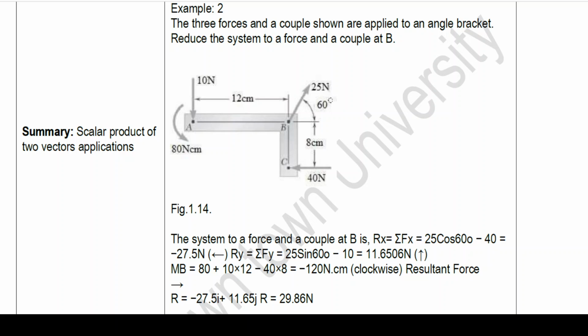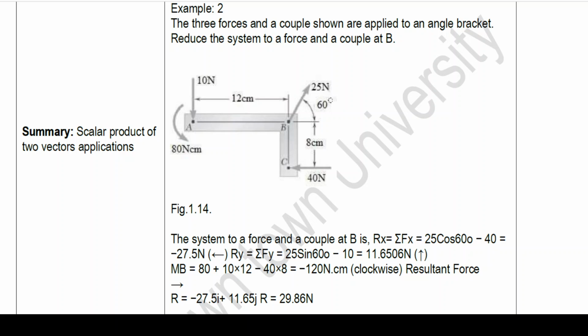Now at point B, if you see, it is inclined at an angle 60 degree. The force is 25 Newton and is inclined at an angle 60 degree with the horizontal. Okay, and at point C, if you can see, it is again in horizontal direction, that is it is in the x-axis. Also we have one moment of 80 Newton centimeter at point A.